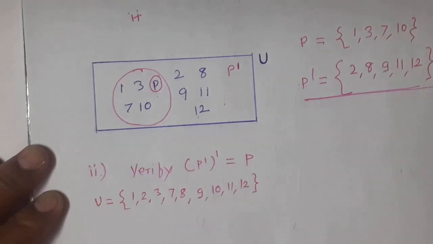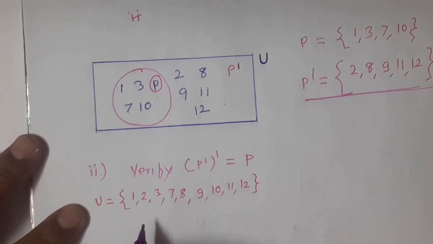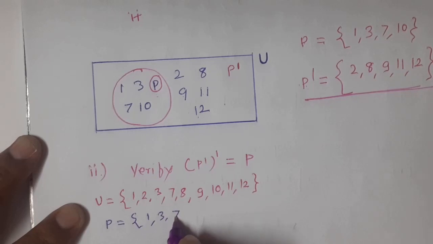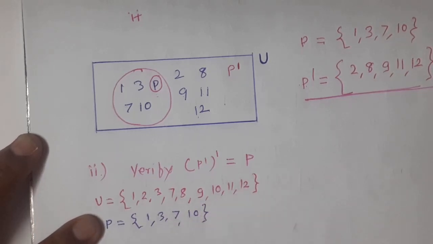First of all we will find out what P is. P is given as the set 1 3 7 and 10. So what is P dash then?